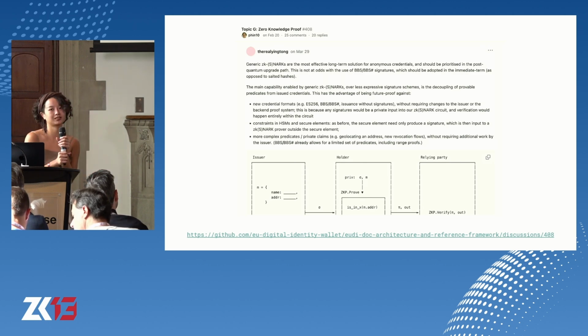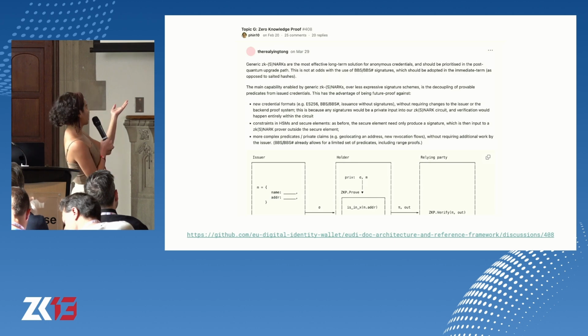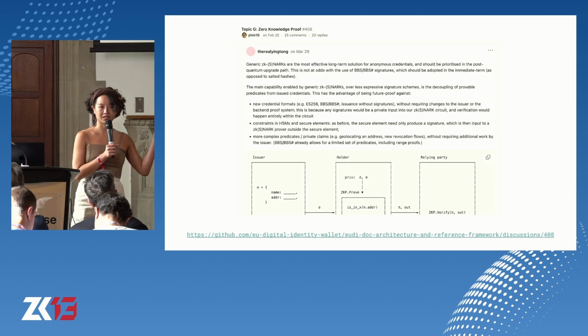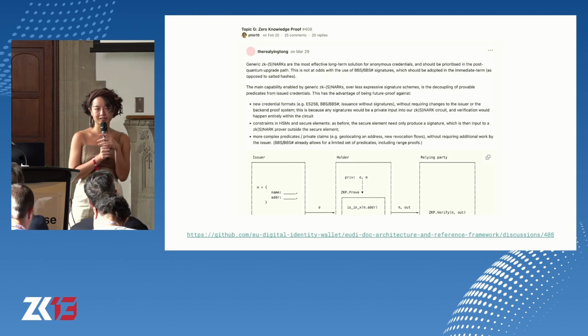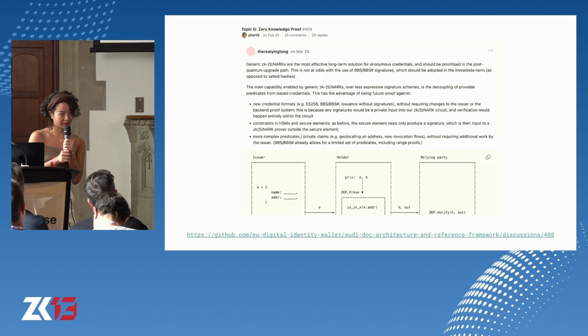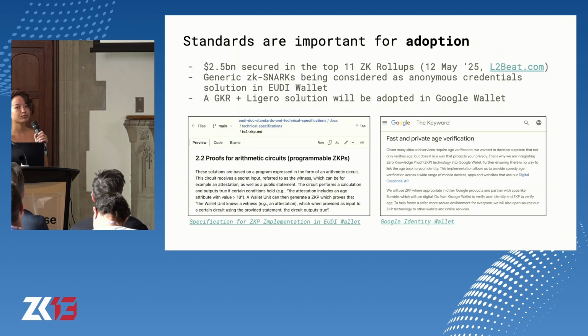Now, the problem is that when you're engaging with actors at the level of nation states, they're going to ask you, like, what's the standard? And we don't have one. So that's the first motivation to work on a standard for generic ZK snarks, is to even make adoption possible at these scales.